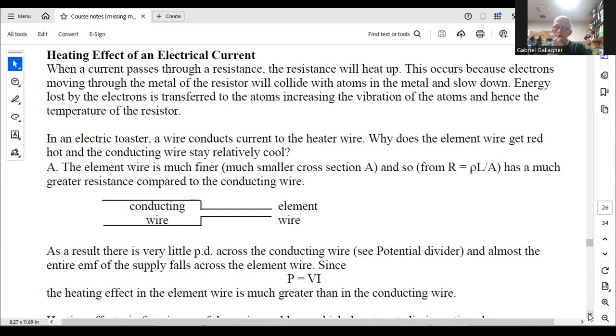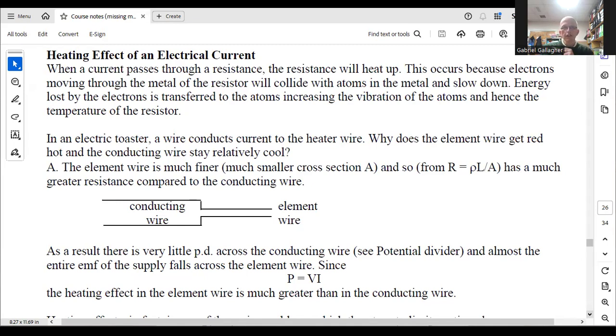So in P equals VI, it's the same current for both, but the vast majority of the voltage is across the element wire, the heated part, and it gets hot. The conducting wire has much lower resistance and stays at room temperature.